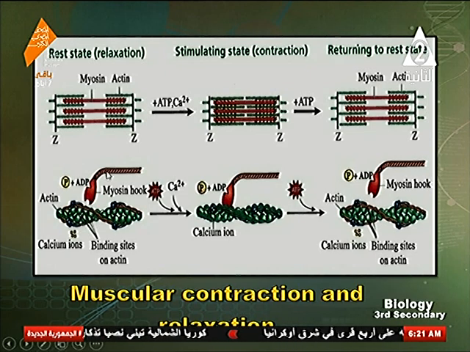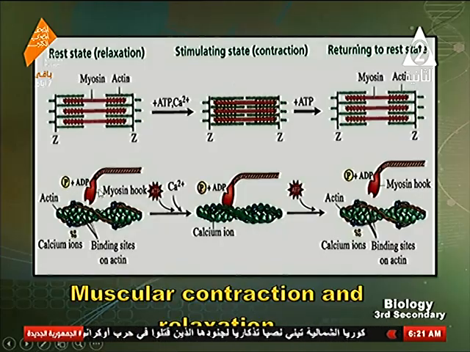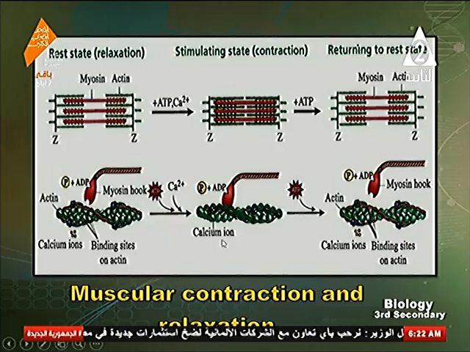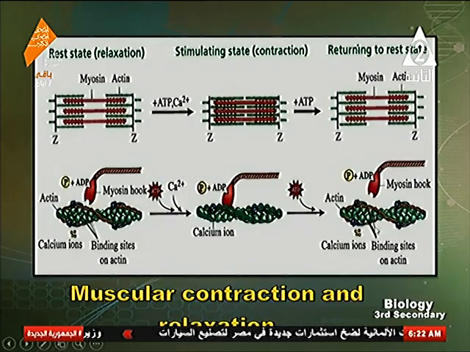We consume ATP while the muscle contracts, and while the muscle relaxes we also consume ATP. So we consume ATP during contraction and during relaxation. Here we make contraction, we consume ATP and use calcium ions. While in relaxation, we also consume ATP and release calcium ions. Okay. The transverse links act as hooks.